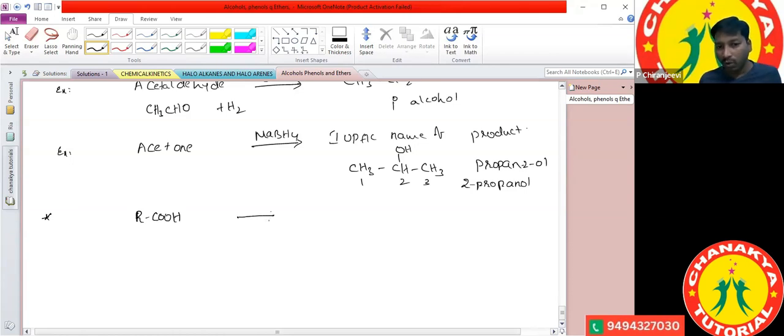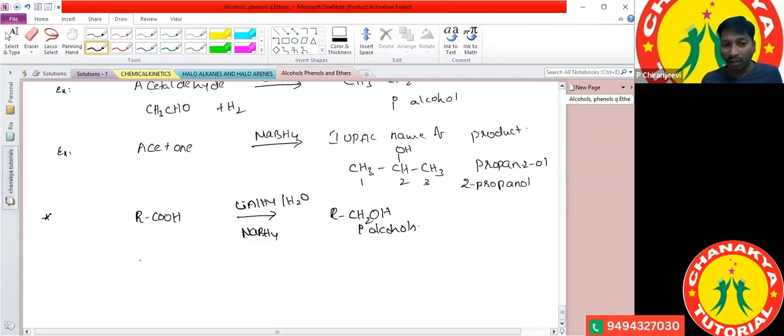If the carboxylic acids are reduced with lithium aluminum hydride in presence of H2O, or sodium borohydride NaBH4, it undergoes the reduction reaction and is converted into alcohol. Carboxylic acids are converted into primary alcohol.